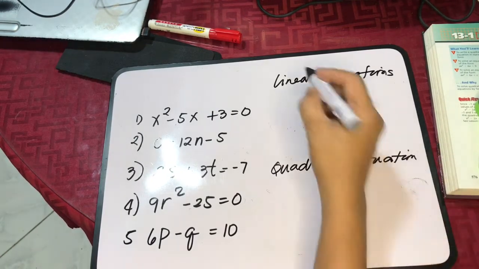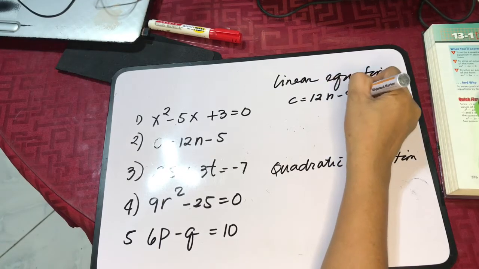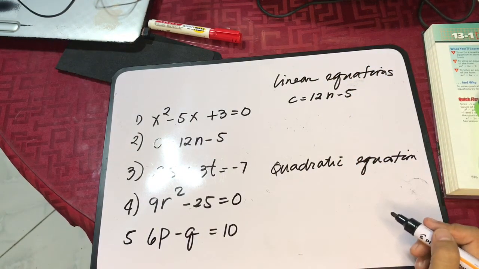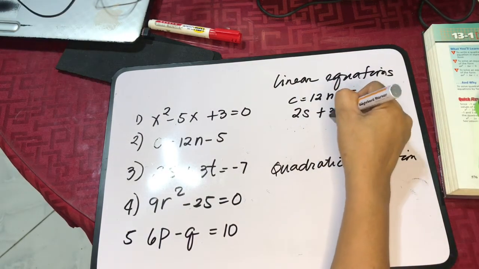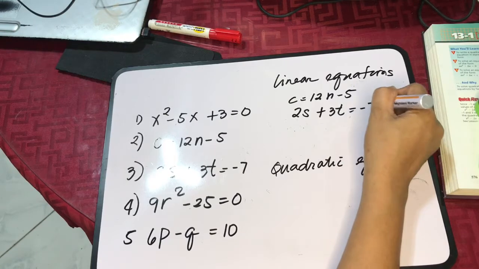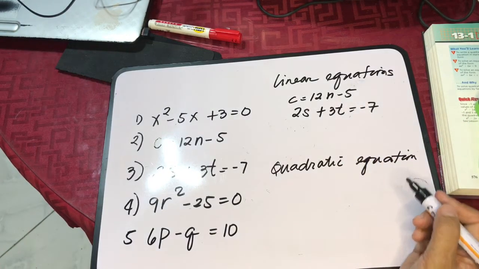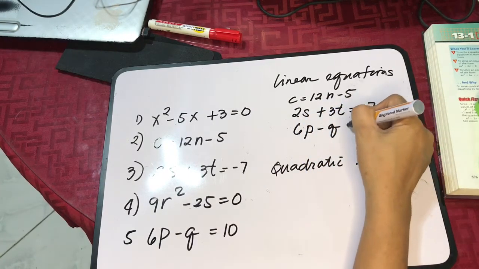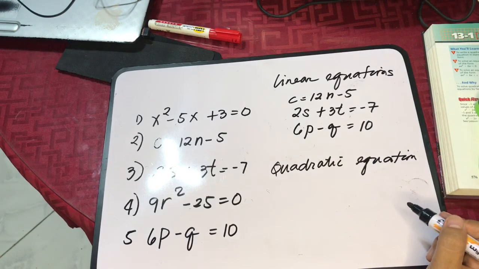Okay, C equals 12n minus 5 is an example of a linear equation. 2s plus 3t minus 7 is also an example of a linear equation. 6p minus q equals 10 is also an example of a linear equation.